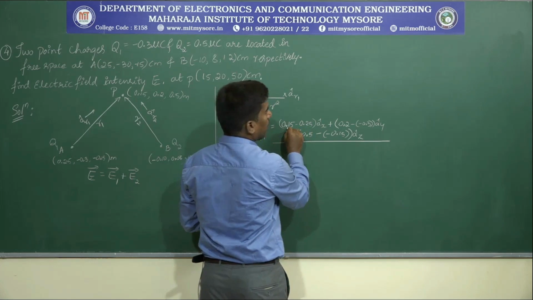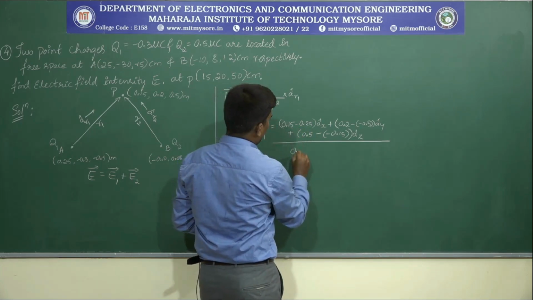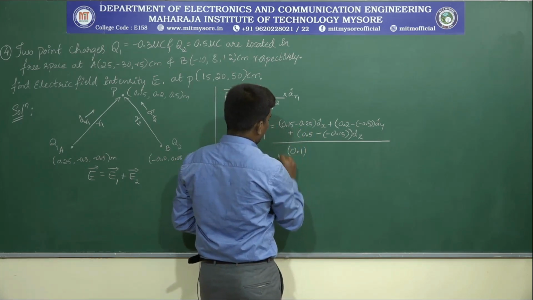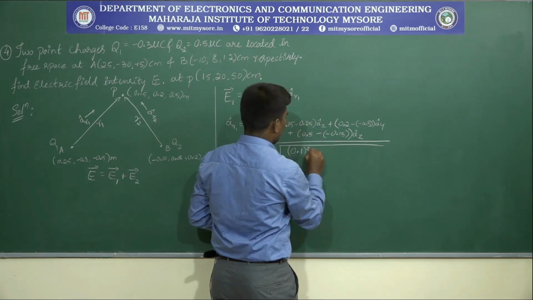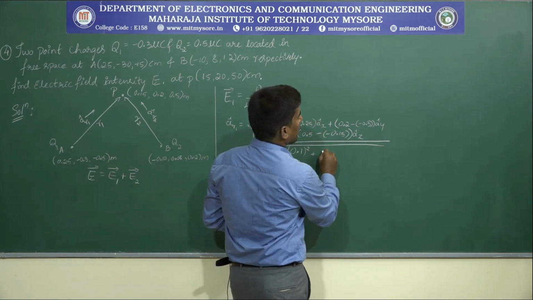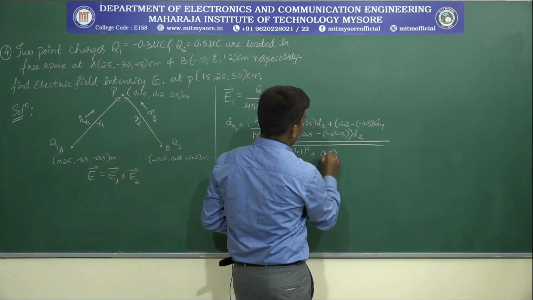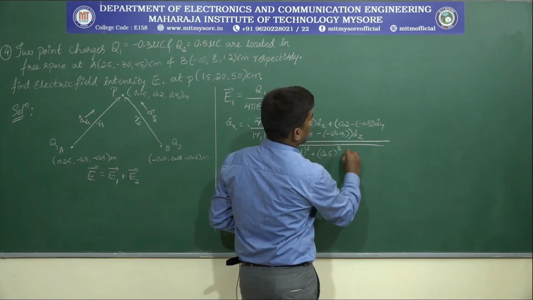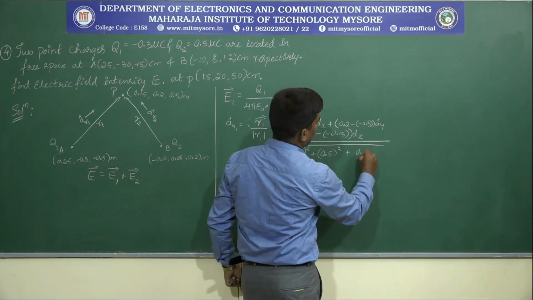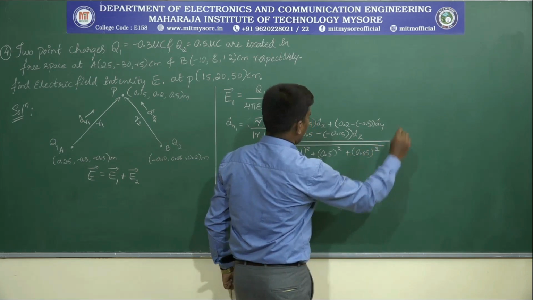What is the value we are going to get? Square root of 0.1 whole square plus 0.5 whole square plus 0.65 whole square.